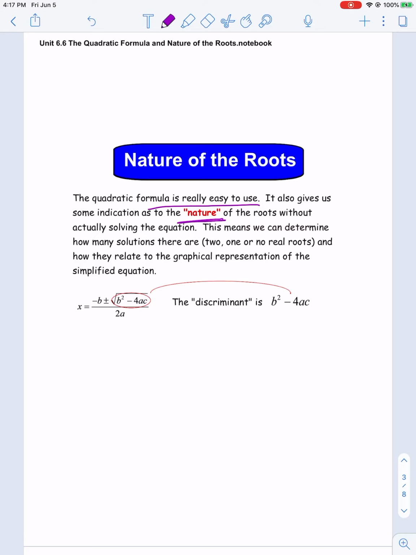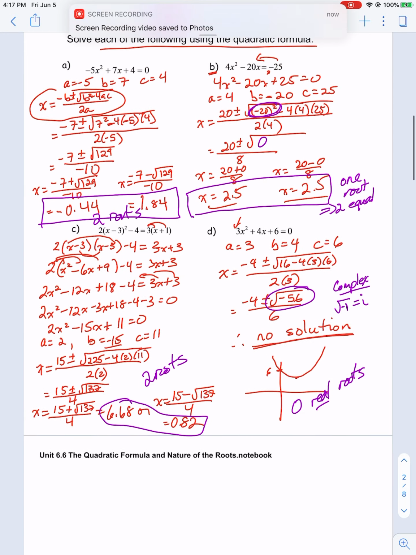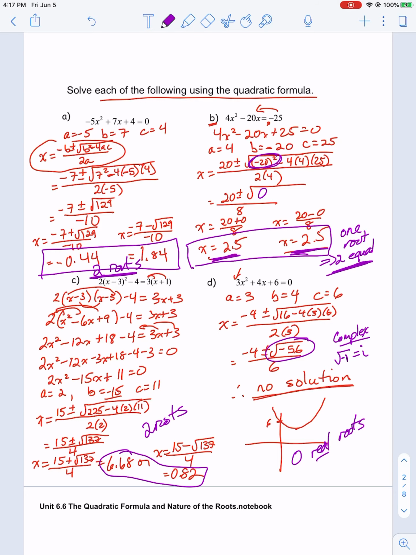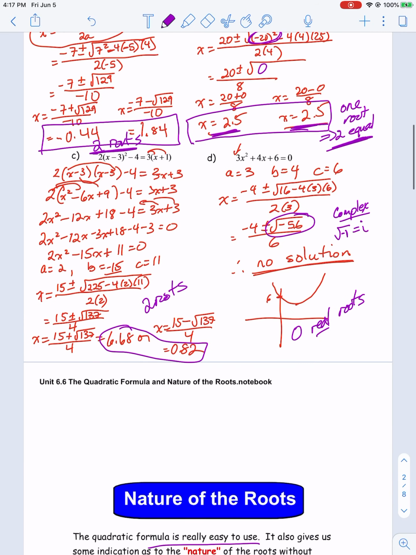So if you remember from the last video, hopefully you watched the whole thing, we decided you can have two answers, you can have two real numbers. You could have one real number because the two answers that you get are the same answer. Or you could have no real roots.